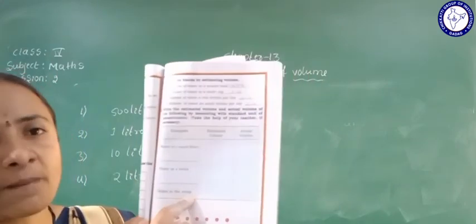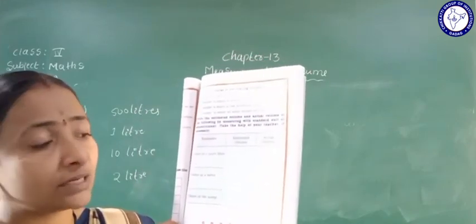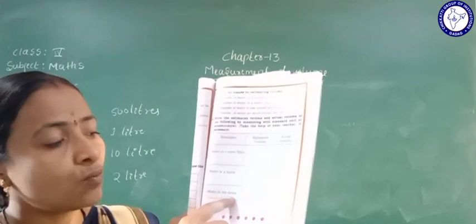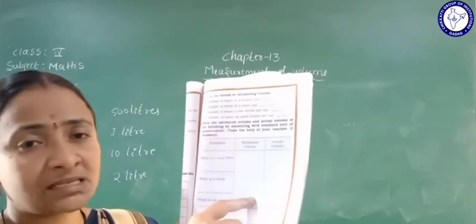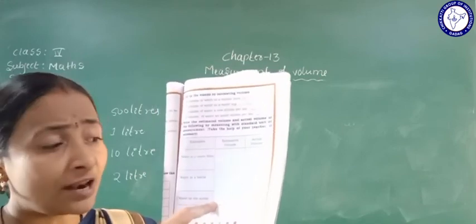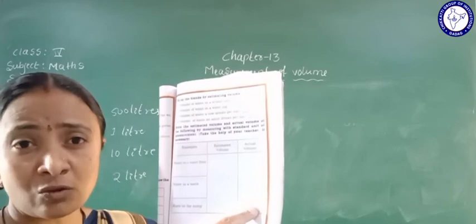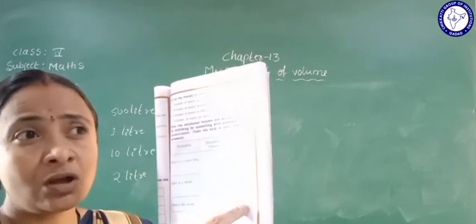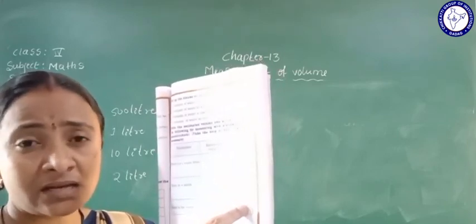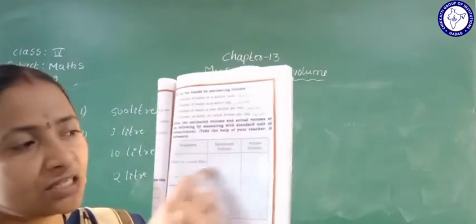Water in the sump, the underground water tank, how much does it hold? Estimated, it may be 3000 liters or 4000 liters of water. Actually the volume may be 2.5, meaning 2500 liters of water. So this is your part.